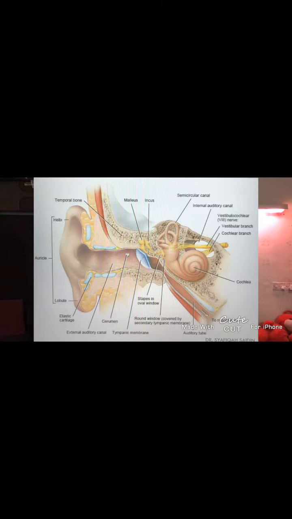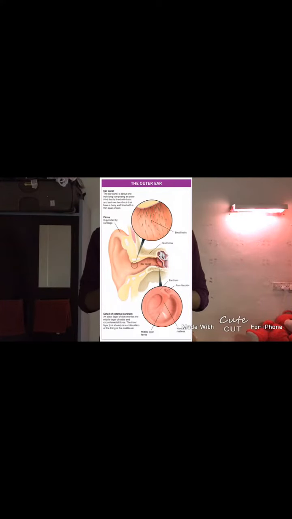The eardrum, however, is a thin membrane which collects the vibration from the outside. As you can also see, near the external auditory canal, a few hairs are located along with a bit of wax secreted by ceruminous glands, and both the hair and wax help to prevent dust and foreign bodies from entering the ear.